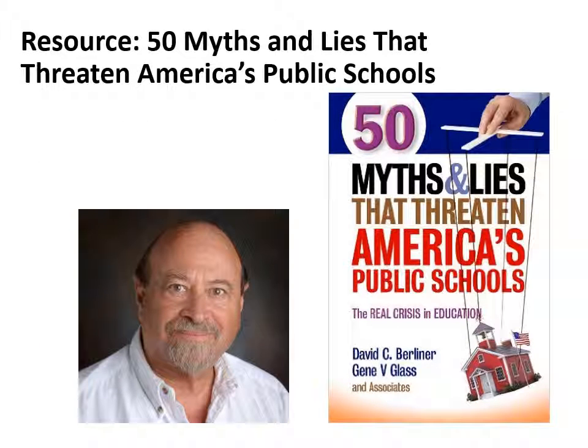This is a book that I've recommended. I had it on reserve at the library, but it covers 50 contemporary issues that are relevant to education. Like, does it help to hold kids back for a year? Does merit pay improve teacher performance? Testing, all the things that are relevant today in education.